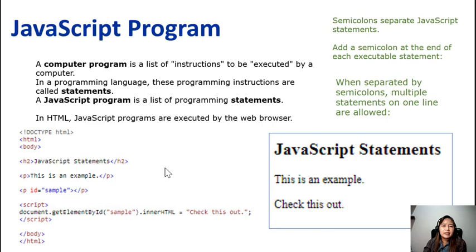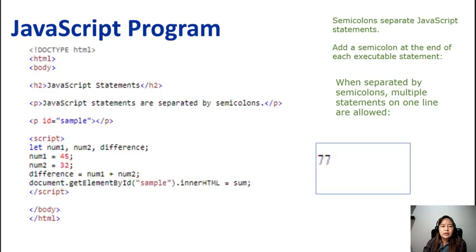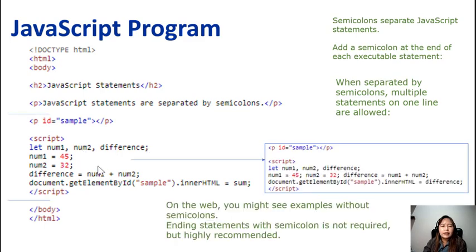Another thing is that when separated by semicolons, multiple statements in one line are allowed. So for instance, if you're going to create this code here, so these are individual statements that ends with a semicolon. If you're going to put this one together, as long as it ends with a semicolon, that will still work correctly. So if you're going to replace this code with this line, wherein all assignment statements are in one line.